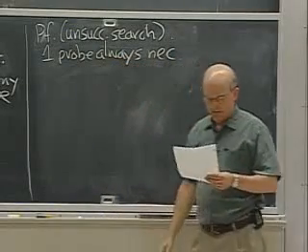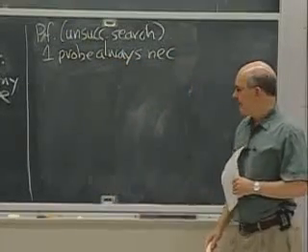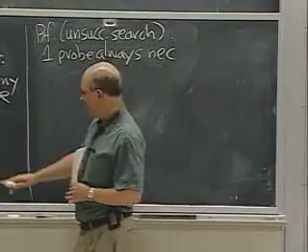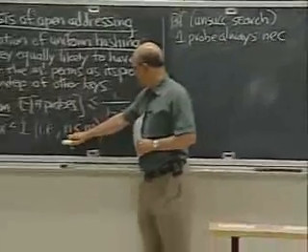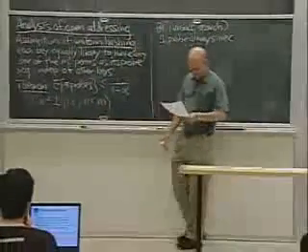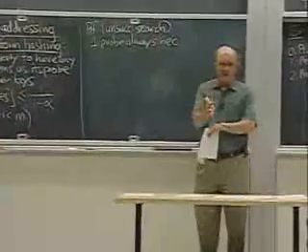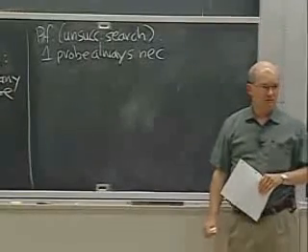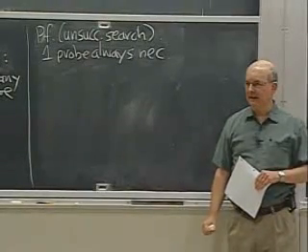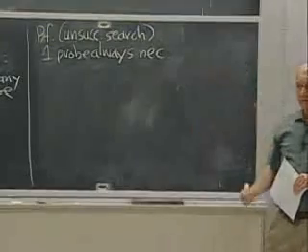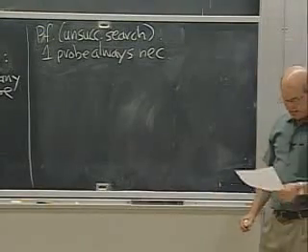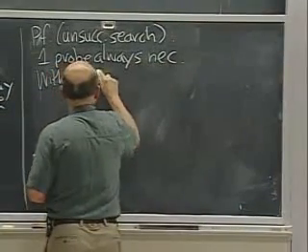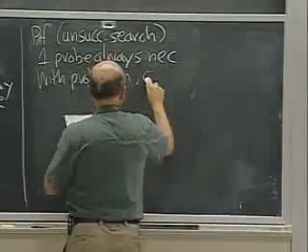If I have n items stored in m slots, what's the probability that when I do that probe, I get a collision with something that's already in the table? Yeah, n over m, right? So with probability n over m, we have a collision.